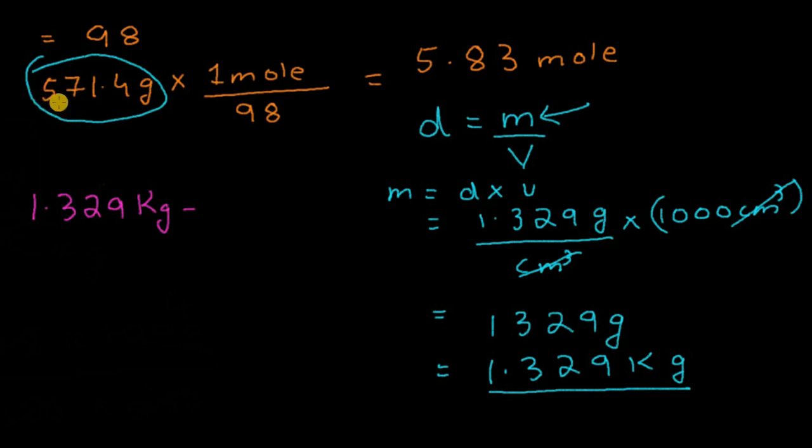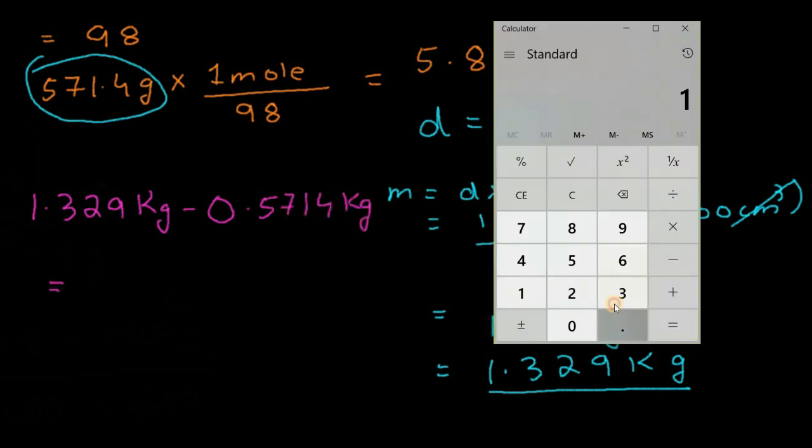So we convert it into kilograms, and what we get is 0.5714 kilograms. So 1.329 minus 0.5714, which is equal to 0.7576. So we'll round it up, 0.758.